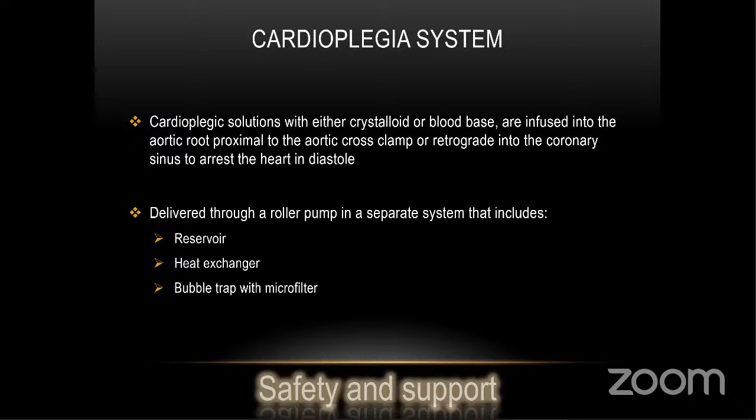Cardioplegia system: the cardioplegic solution, usually either crystalloid or blood based, is infused into the aortic root proximal to the aortic cross clamp, or retrograde into the coronary sinus to arrest the heart in diastole.